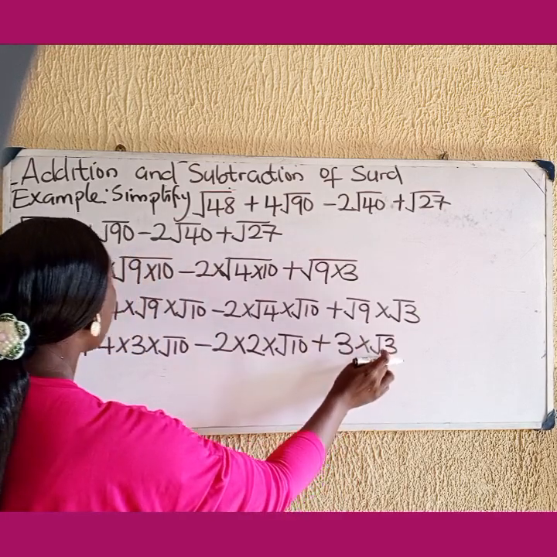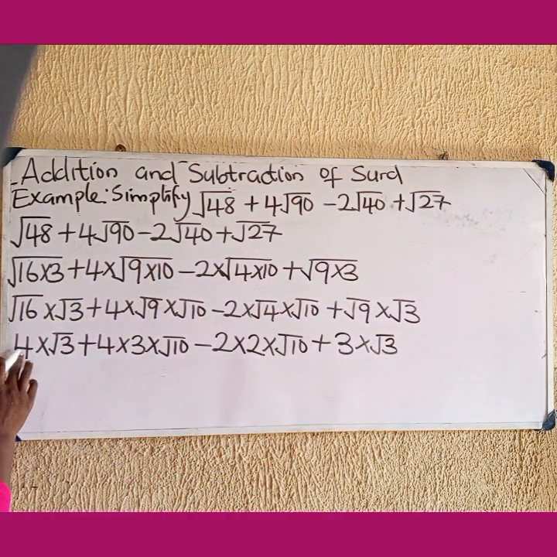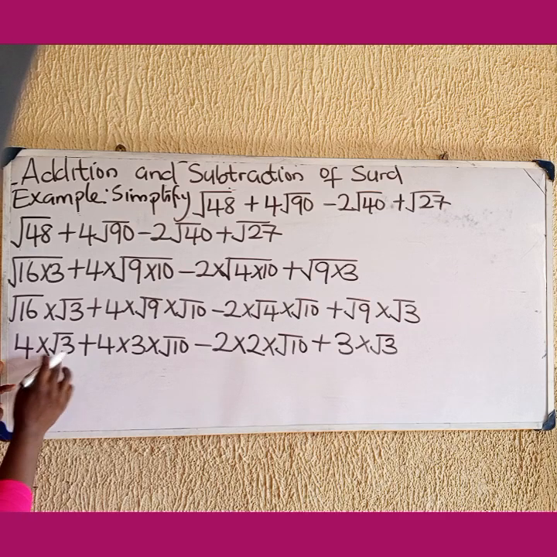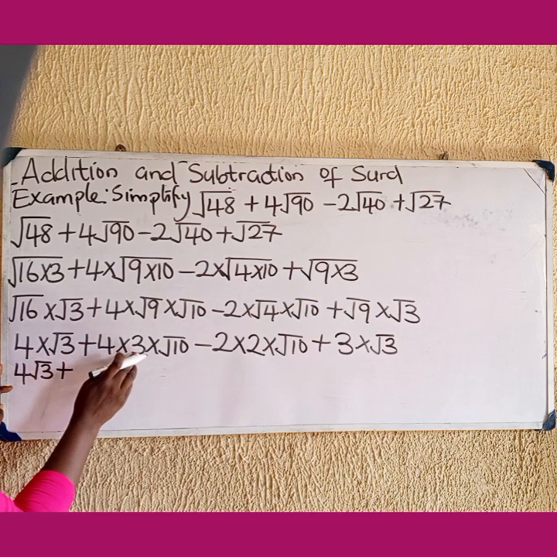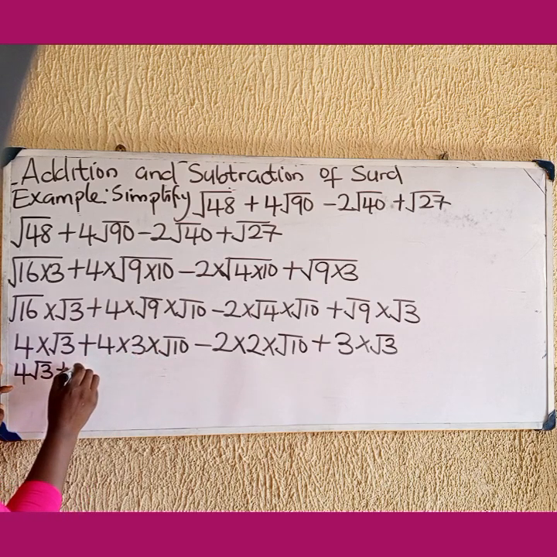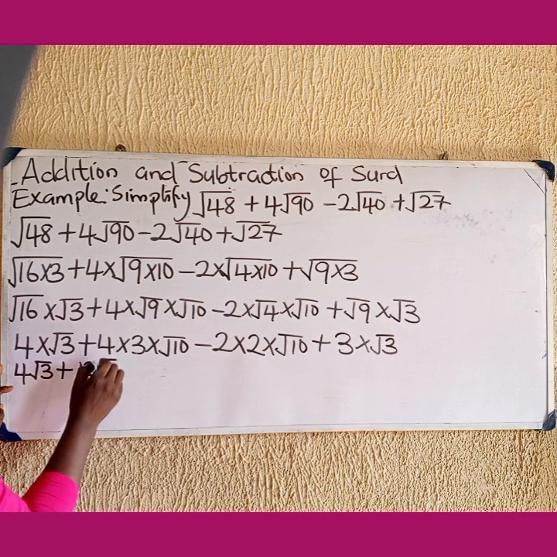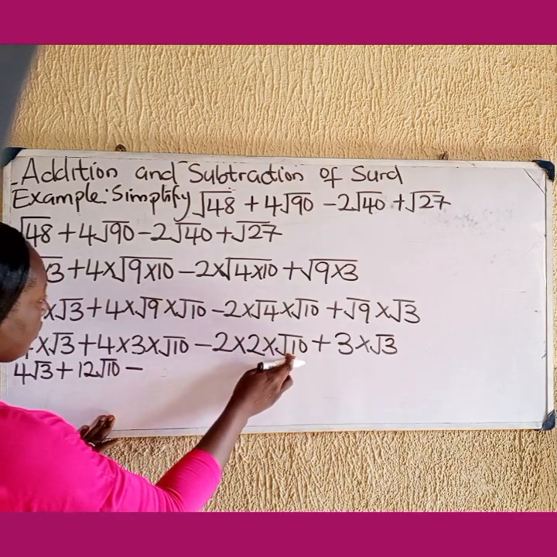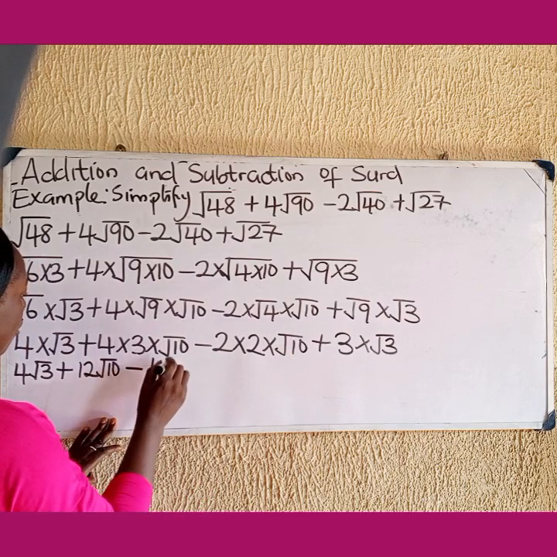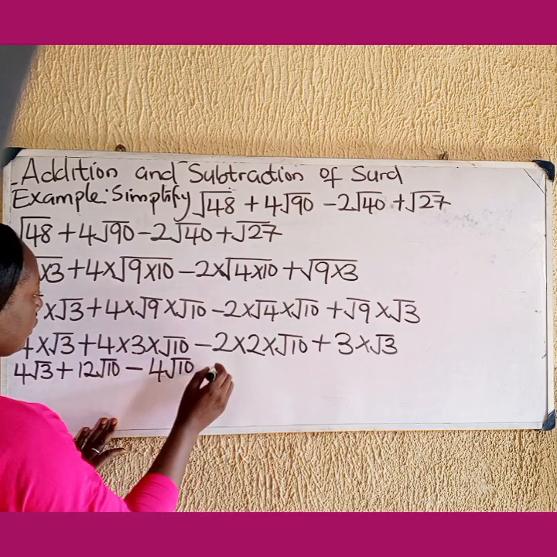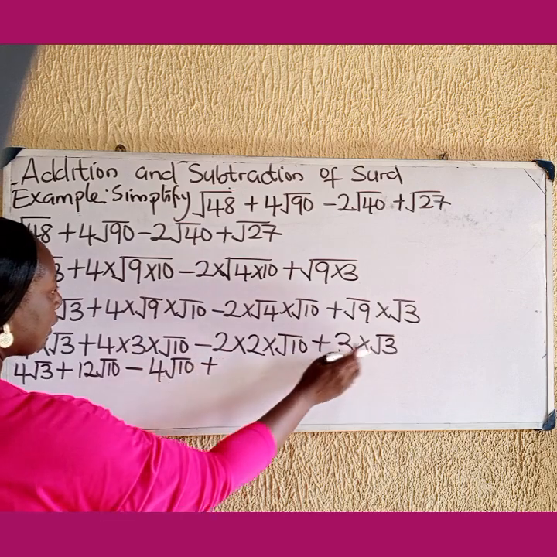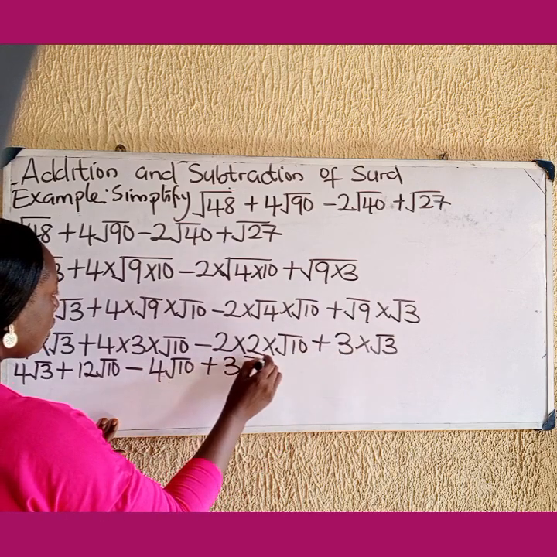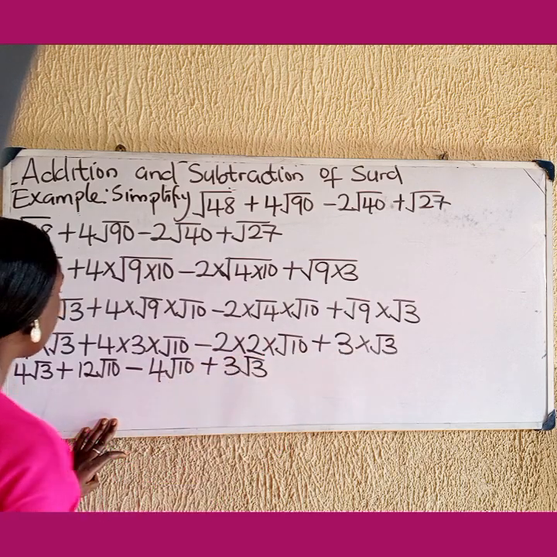This one does not have a whole number as square root. So 4 times root 3 will give me 4 root 3, plus 4 times 3 times root 10 will give me 12 root 10, minus 2 times 2 times root 10 will give me 4 root 10, plus 3 times root 3 will give me 3 root 3.